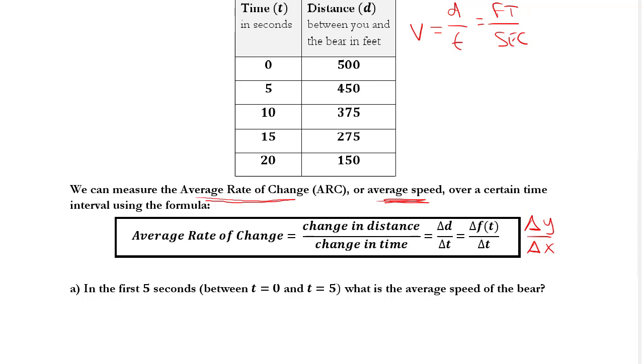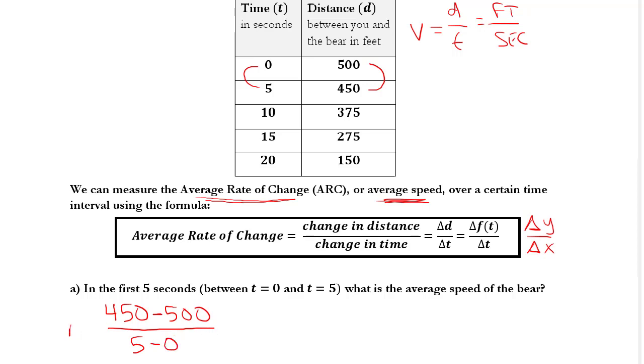So here we're going to want to calculate 450. These are the relevant numbers. So we're going to do 450, the change in distance, because that's where he ended up after 5 seconds. So that's the end minus where he started, 500, over 5 minus 0.